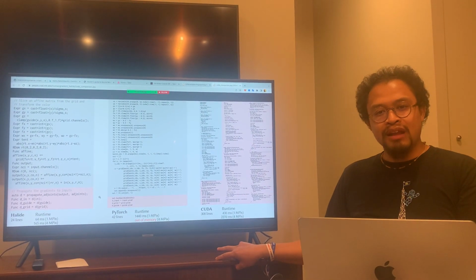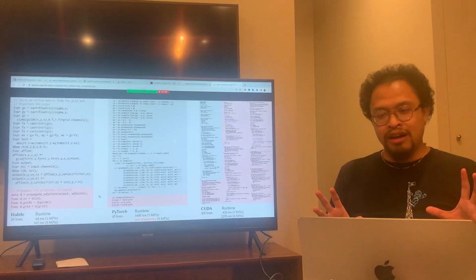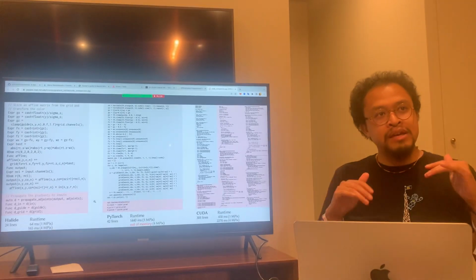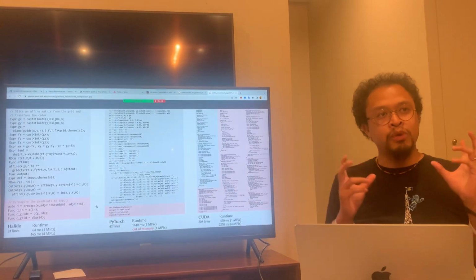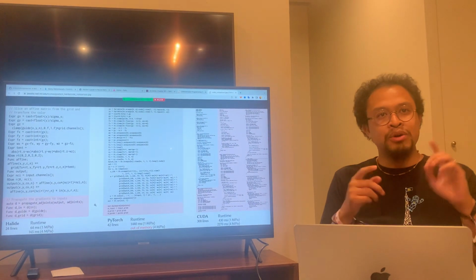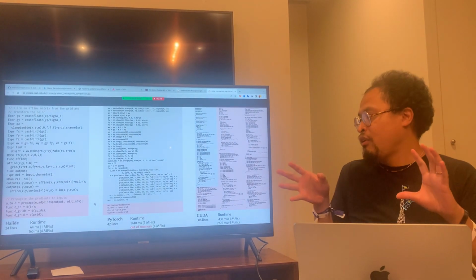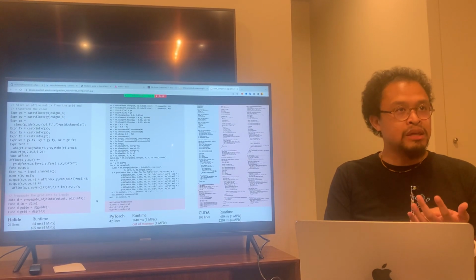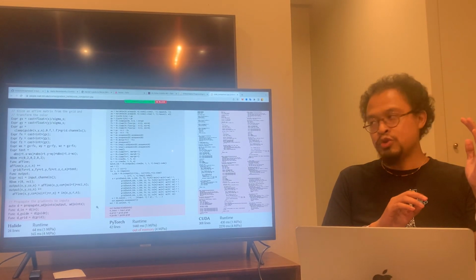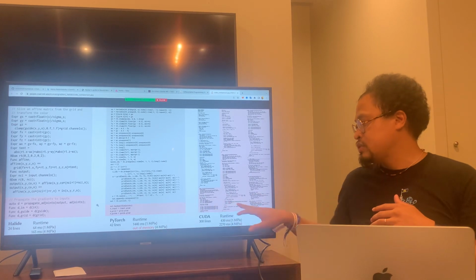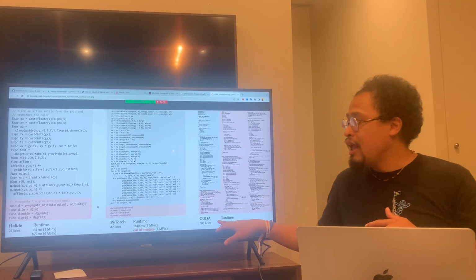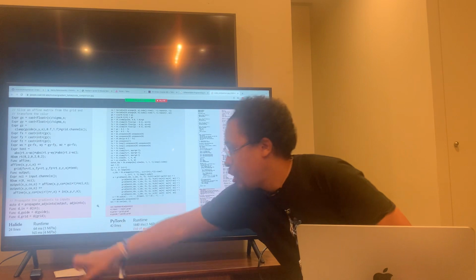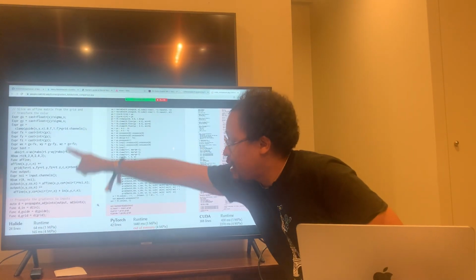I have not looked deeply into the state of ZK languages right now, like Leo, Cairo, and all the others, but I think there are still a lot of optimizations missing to switch from those high level to the low level. Now, we have this one called Halide. It's 24 lines of code.